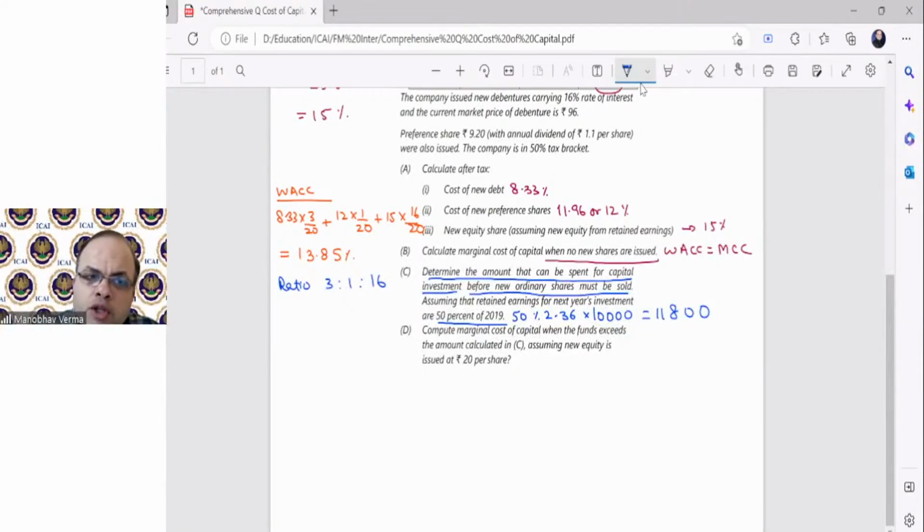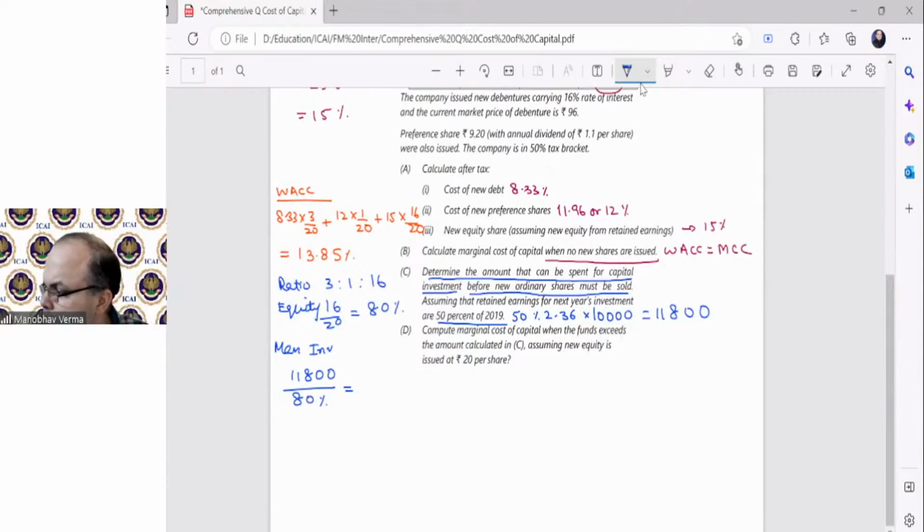I think the percentage of equity is 80% clearly. 16/20 is 80%. Hence, the maximum investment for any capital project which you may start without using fresh equity is 11,800 divided by 80%, which comes out to 14,750.